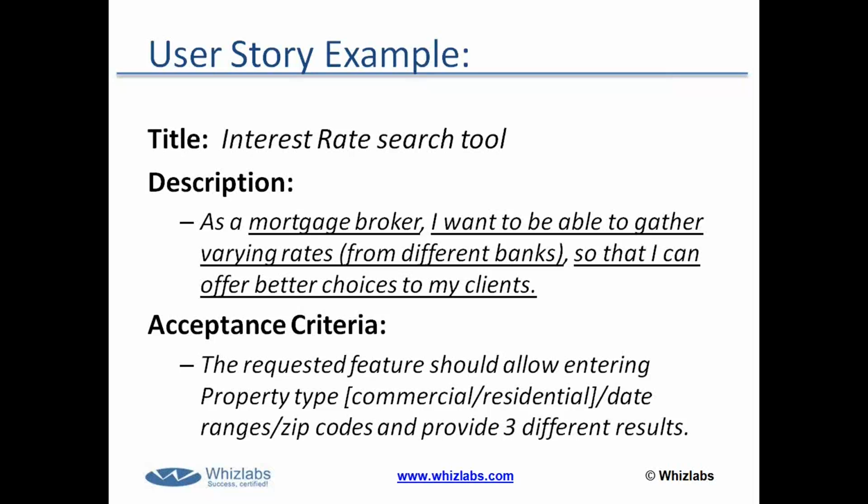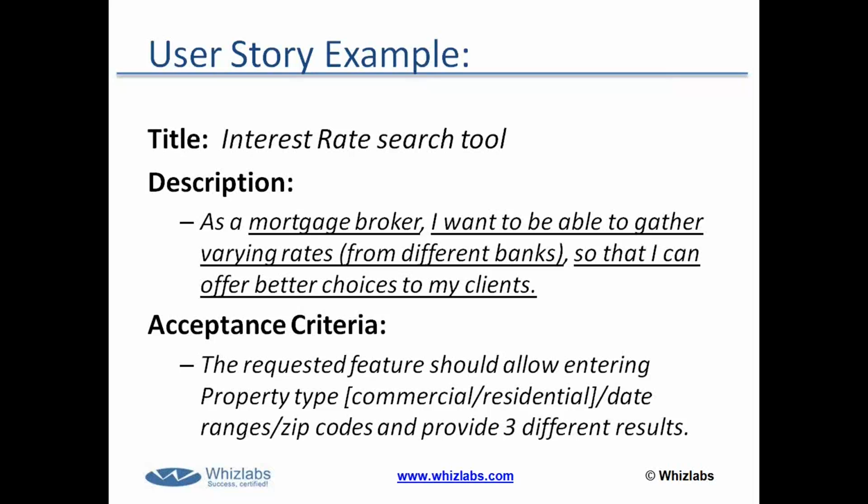And the acceptance criteria for this user story is defined as: the requested feature should allow entering a property type, whether it's commercial or residential, date ranges, meaning I want the current interest rates, like within the last 30 days, perhaps the past 30 days or a week or 2 weeks, not last year's or next year's, right? So I want to be able to get current dates.